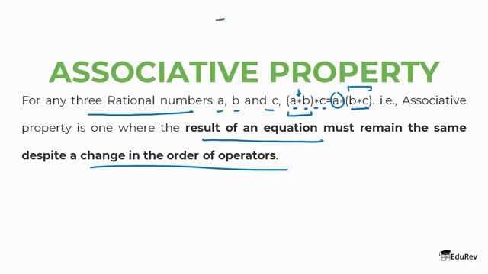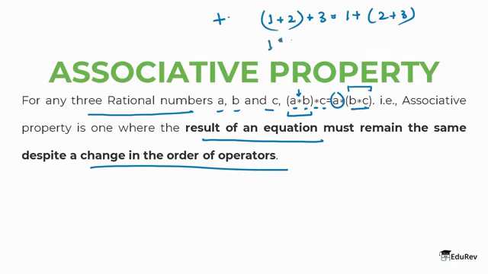Let's say I need to do addition in these cases. I know that if I add 1 plus 2 plus 3, this will be equivalent to 1 plus 2 plus 3 with the grouping changed. Correct? So in case of addition, the associative property holds in rational numbers. Similar will be the case with multiplication.